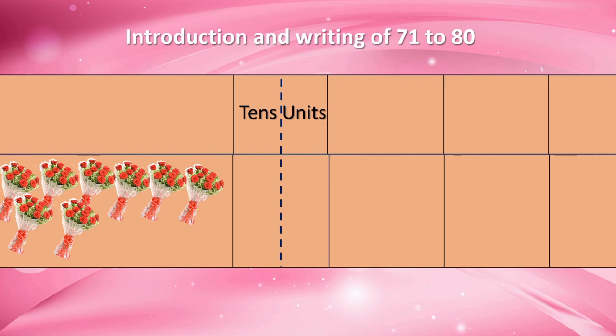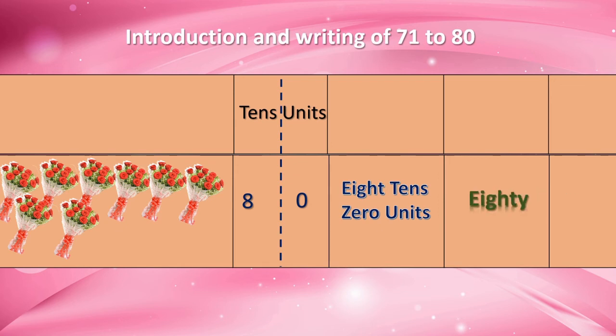One more bouquet we got. So altogether we got 8 bouquets. That is nothing but 8 tens and 0 units. Correct? That is our new number 80. E-I-G-H-T-Y. 80. How we write 80? 8 and 0. Okay, got this?